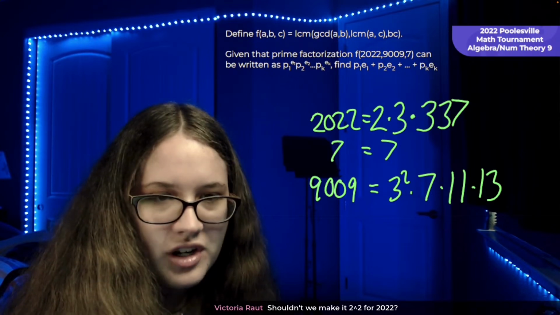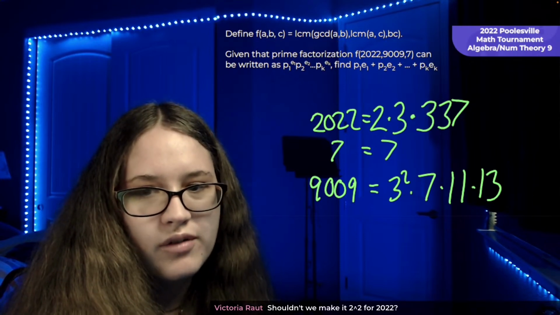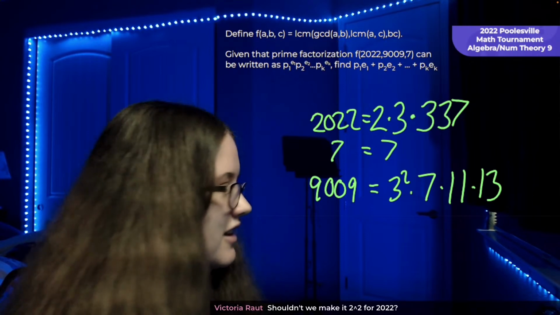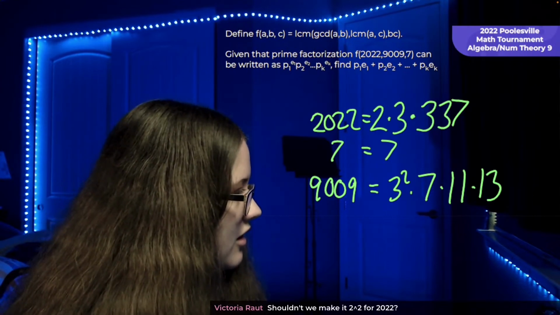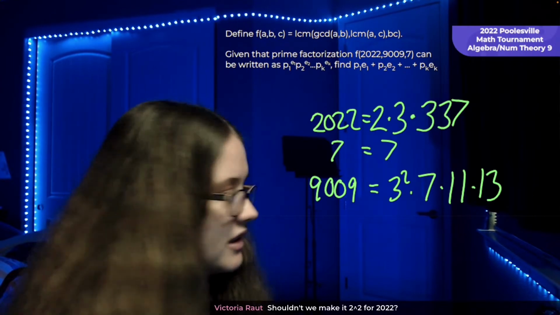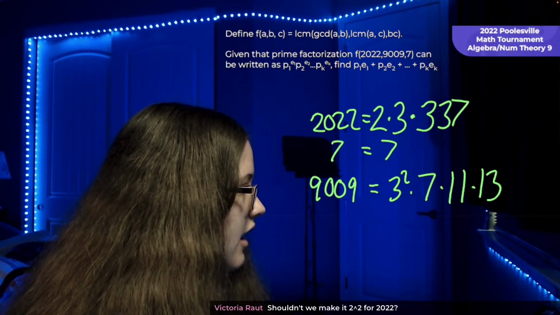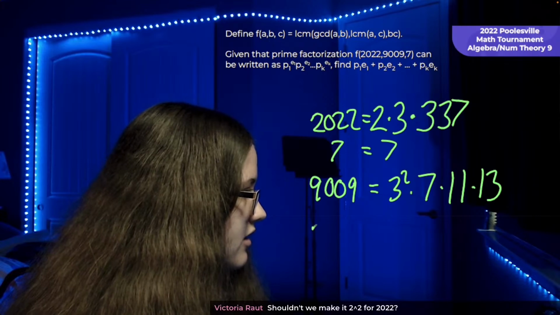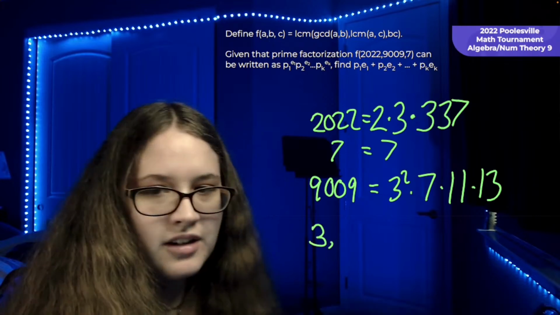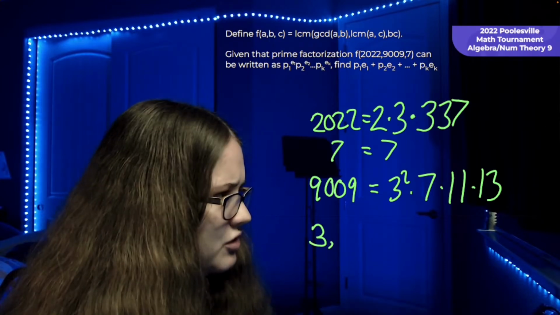The 674 number was for what 2022 over 3 was. But we were looking for the 1 over 6. That is a good point. Okay. GCD of A and B is 3. Unless 337 isn't prime, I'm pretty sure it is.